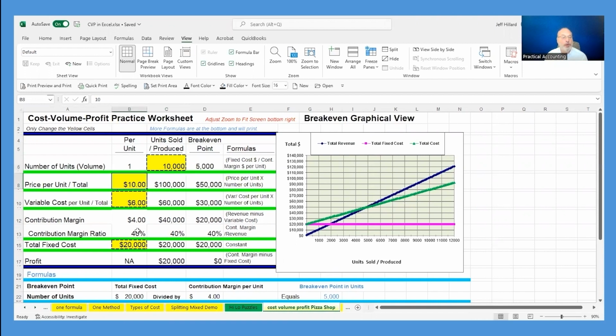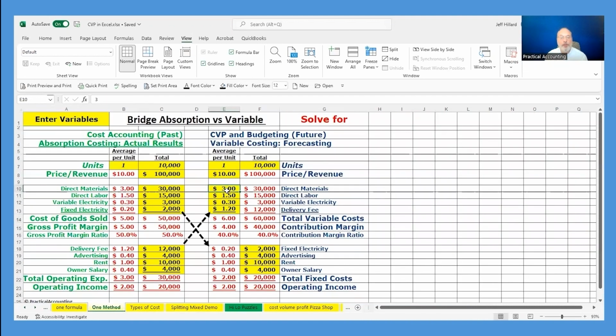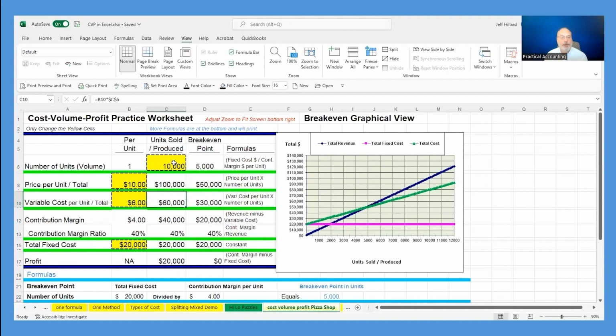Our total price per pizza is $10 or $100,000. Our total variable cost made up of all these things is $6 or $60,000 for the current month. Our contribution margin is $4 per pizza or $40,000.